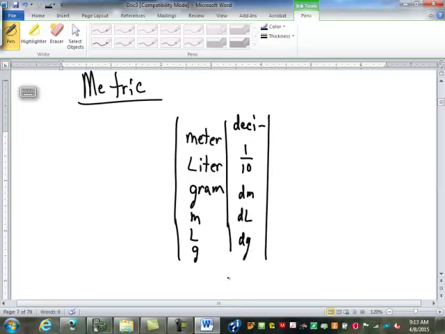A quick note here, by the way, on liter. You'll notice that I always abbreviate liter with a capital L because that's how I was taught to do it, that it had to be a capital L. Because way back when, on most of your typewriters, the small l and the number 1 were almost identical.